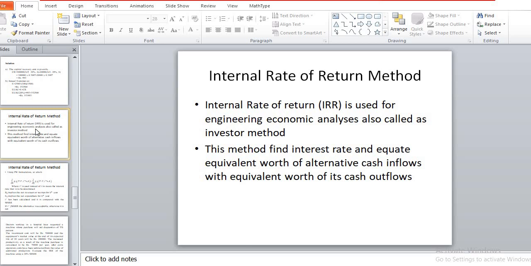Now this is a new method, internal rate of return, and by using this method again we can conclude whether a project is economical or not economical.